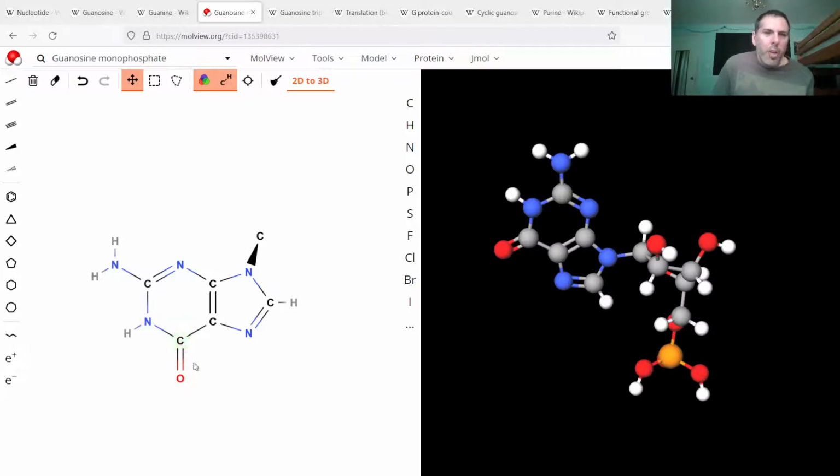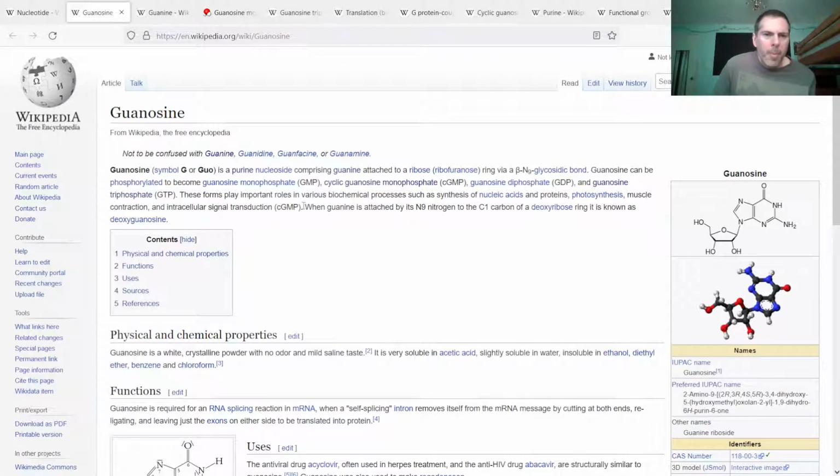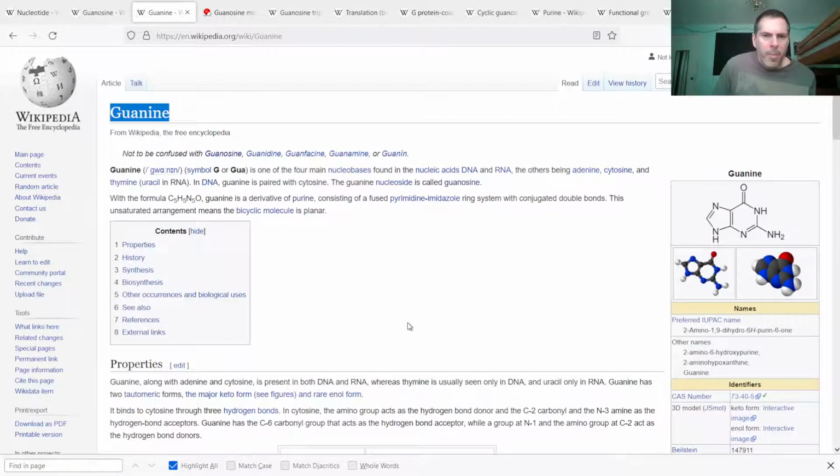So at the 2 carbon you have this carboxyl group, and at the 6, I think, 6 carbon here you have an amine group. So that's kind of just stated on this page here.